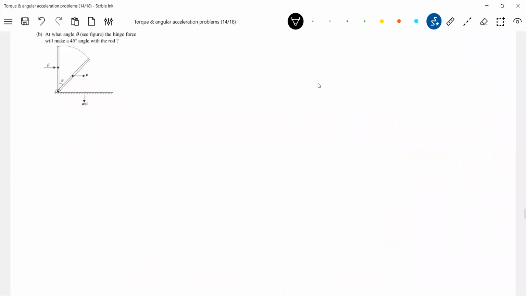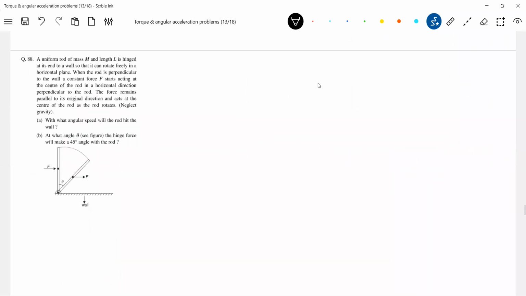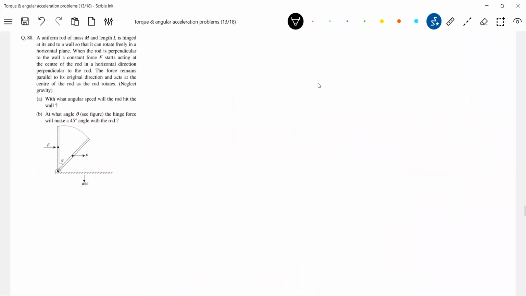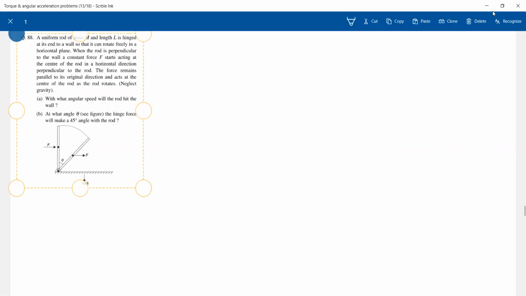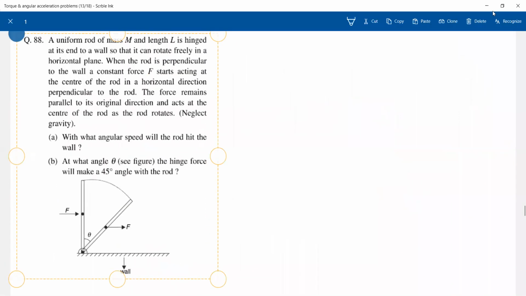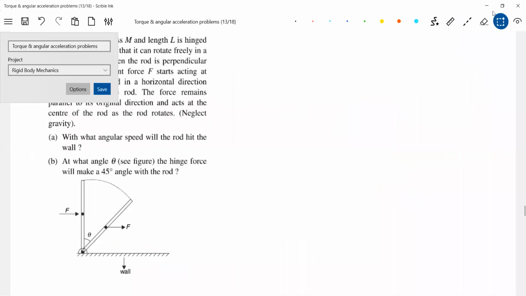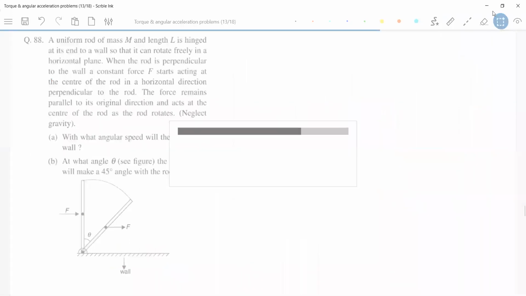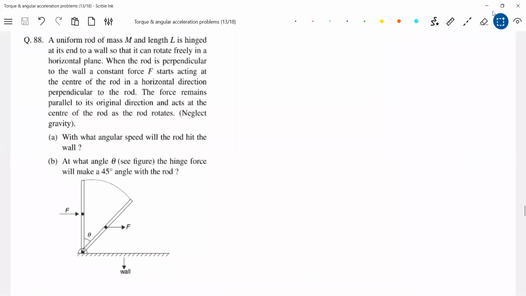Now you may end up with questions like this here. Read the question. The rod is there in vertical position.